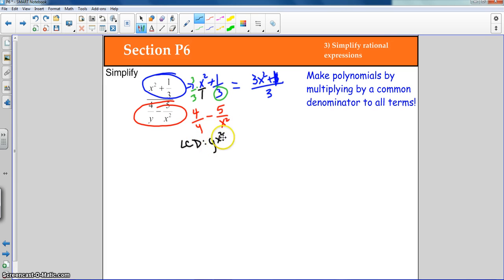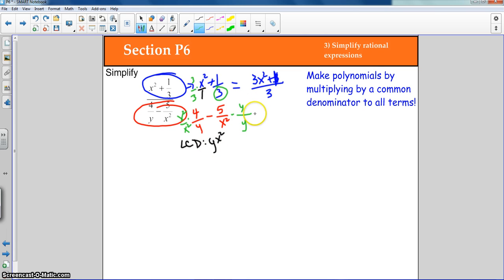So y, x squared, y, however you want to say it, this is going to be our least common denominator. So this first one, I need to multiply by the missing component, which is x squared. So I multiply by x squared to the numerator and denominator. And the second one, we have to multiply by the missing piece, which is y.